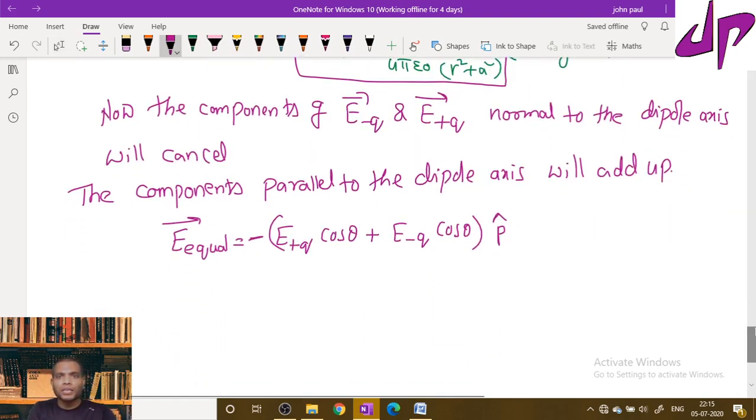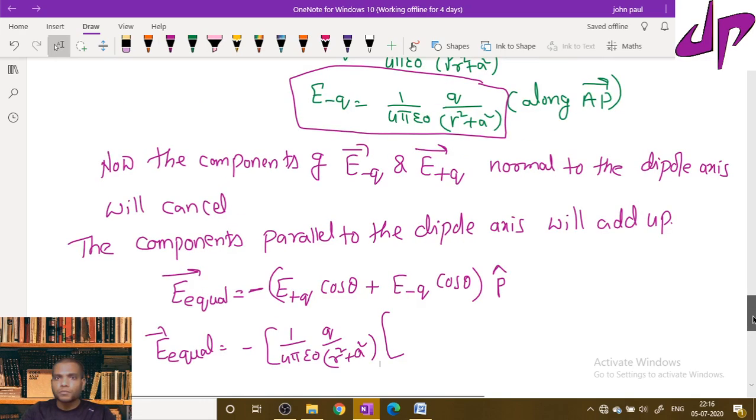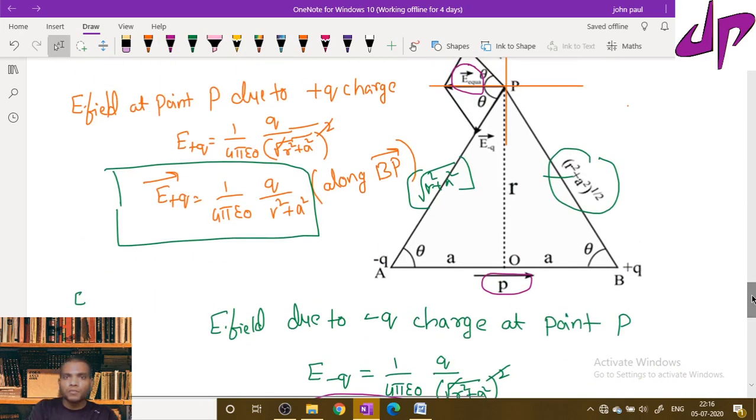Now it's easy. We need to substitute the electric field due to the positive charge, the electric field due to the negative charge, and the cos terms. So electric field at equatorial equal to negative of, what is the plus q value, 1 over 4 pi epsilon naught q by r square plus a square, times cos theta.